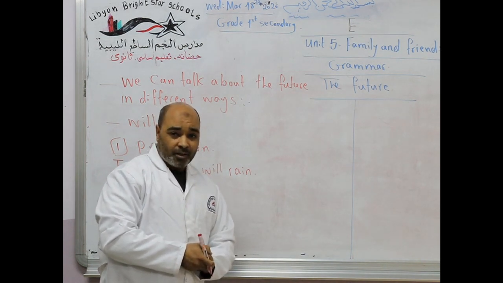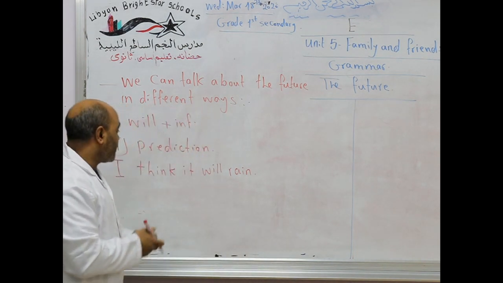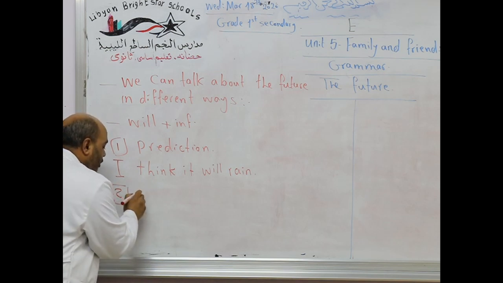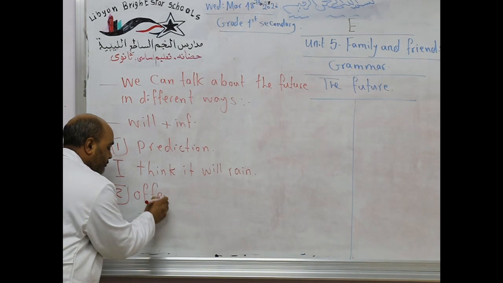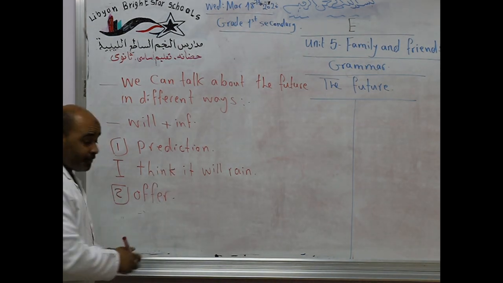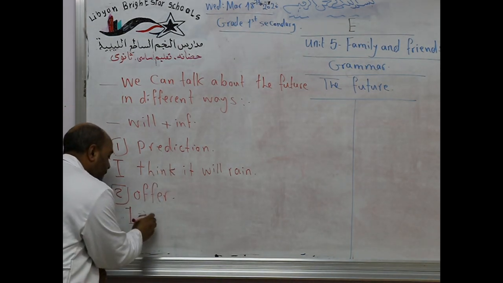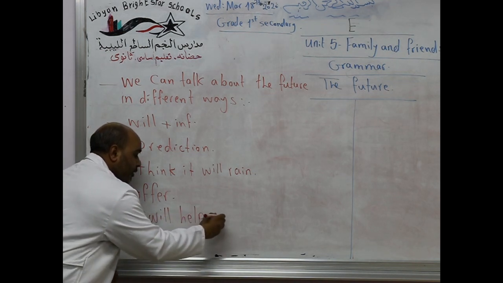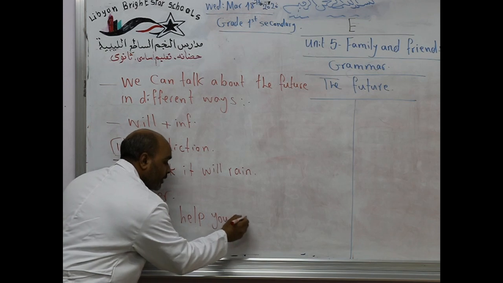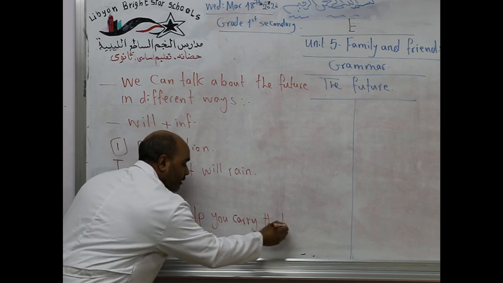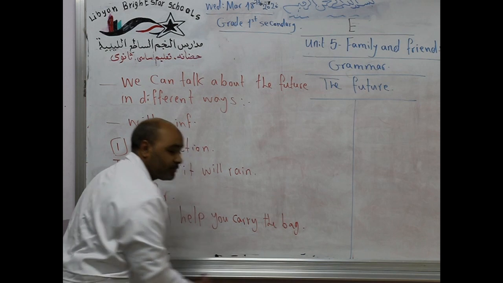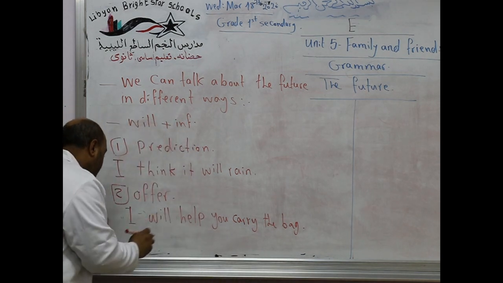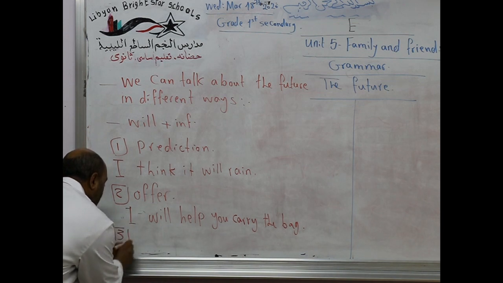The second one, in which we use will for the future, is the offer. For example, I will help you carry the bag. It's an offer. Okay? Third, to talk about the future by using will, for promises.